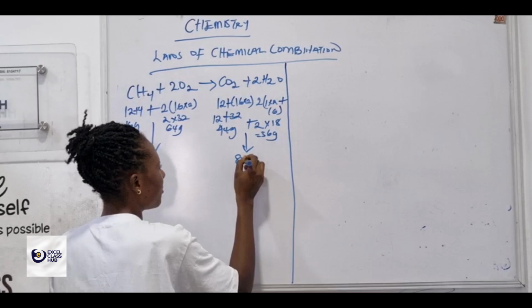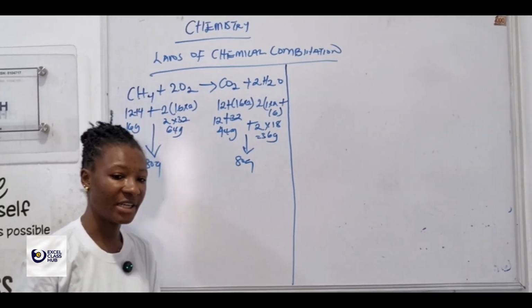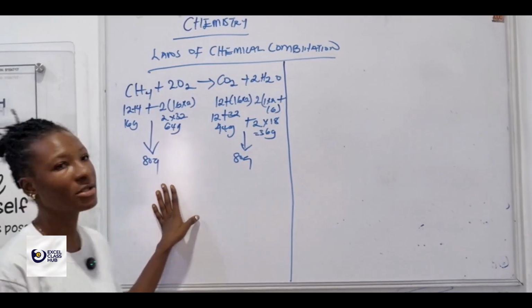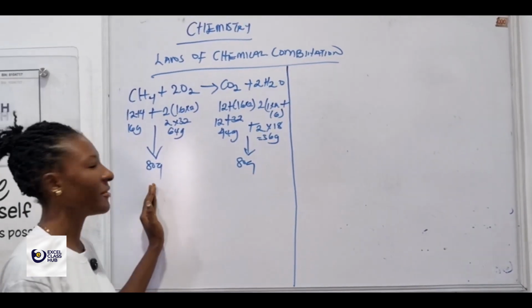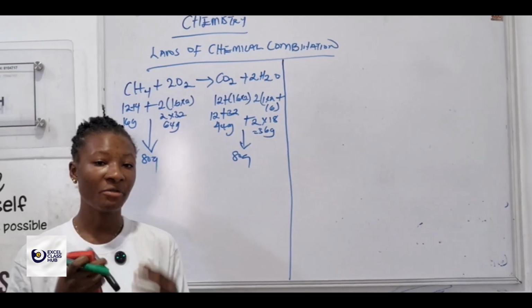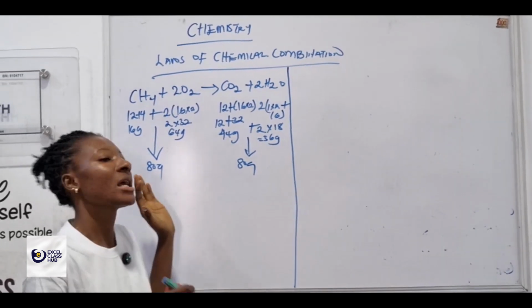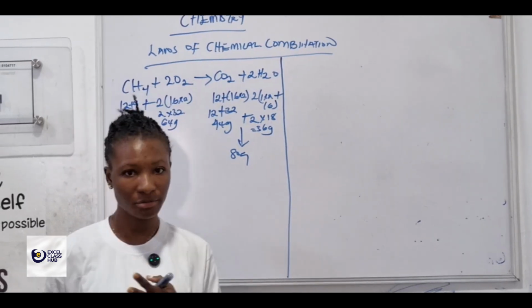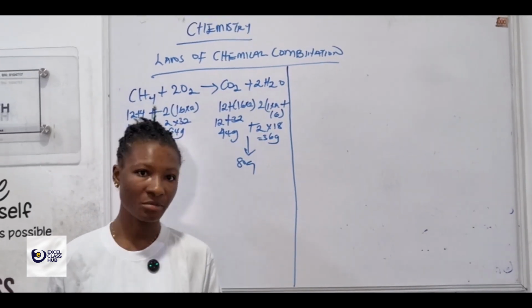Altogether, we have 80 grams. At the end of the day, we realize that the mass of the reactant is equal to the mass of the product. 80 grams of the reactant to give us 80 grams of the product, which clearly verifies that mass or matter can neither be created nor destroyed, but can change from one form to another.